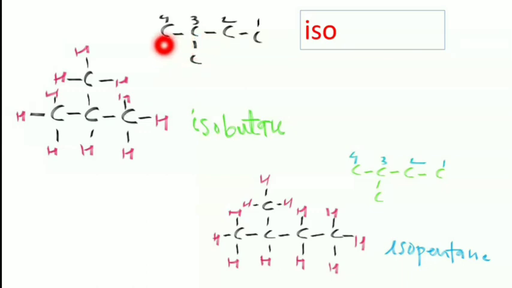This is the last carbon and this one is the second last carbon. In the second last carbon you have the methyl group attached. So in such an example you can use iso as a prefix for butane. Hence it is isobutane.